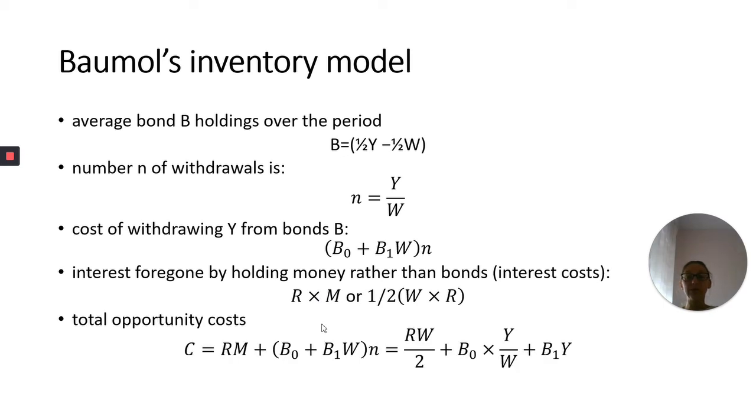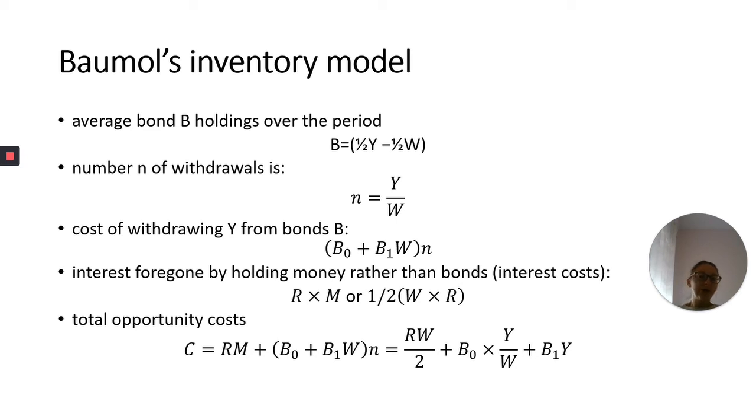So we can see the total opportunity cost, or total cost of making those transactions, is equal to the cost of withdrawing and also the interest that we do not earn. We can sum them up, and also here we have some simplifications of the equation.